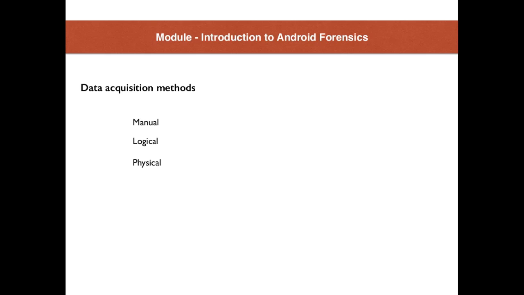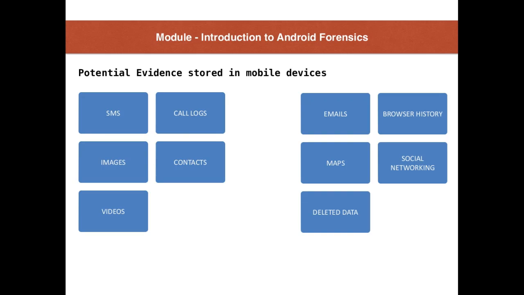When we do physical acquisition, we take the complete bit by bit image of the entire device, so in this case we get the deleted data as well. File system acquisition gives both logical as well as physical, with deleted data up to some extent.